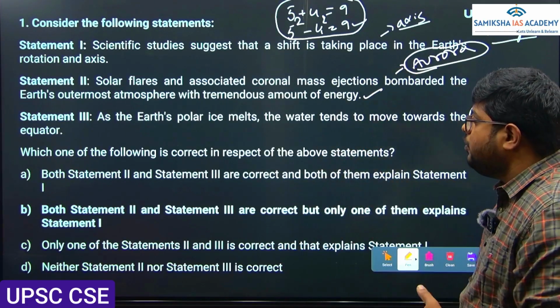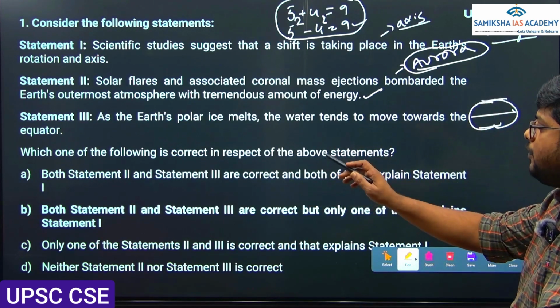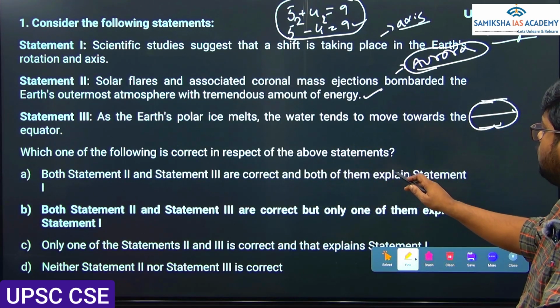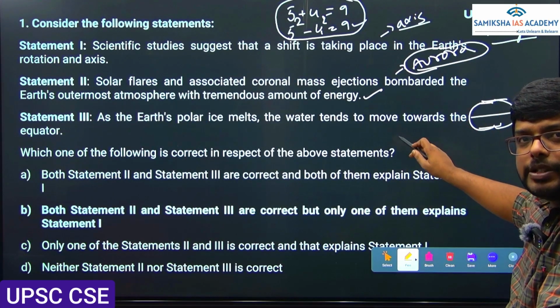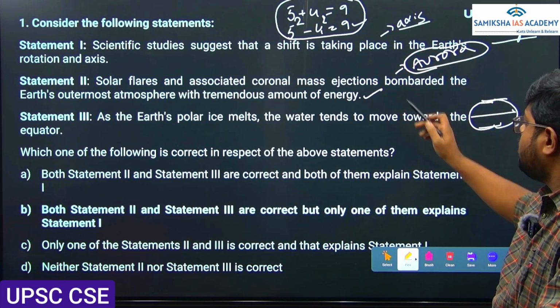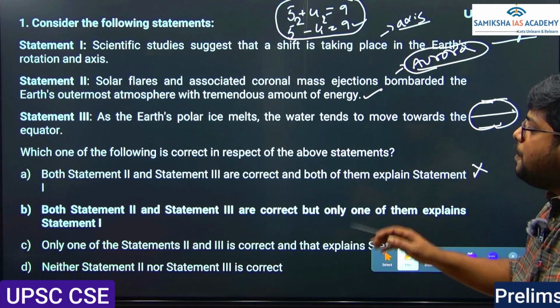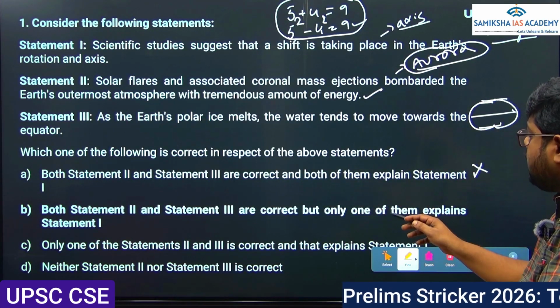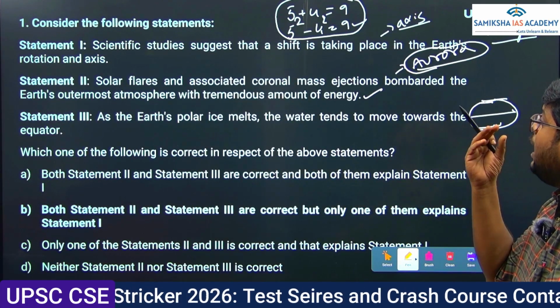See the question: which of the following is correct in respect of the above statements? Both statements 1 and 3 are correct. Both of them explain statement 1. But these three statements are three different topics, right? They don't have any interrelation. So this is wrong. But second, both statements 2 and 3 are correct, but only one of them explains statement 1. What is statement 1? Earth axis.